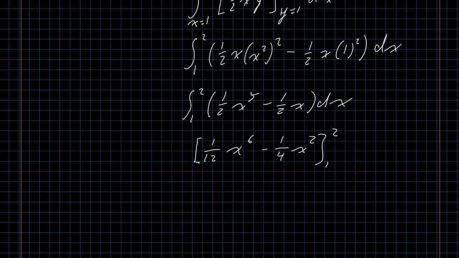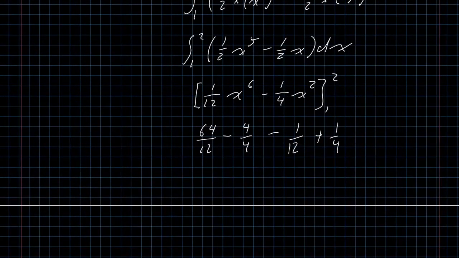See, 2 to the 6th, 2, 4, 8, 16, 32, 64. 2 to the 4th is 4. And then we'll have 1 to the 6th, which is 1, minus a minus is plus. 1 squared is 1.